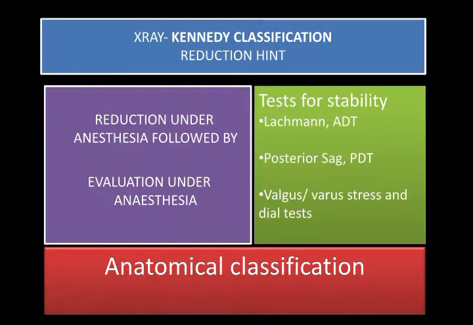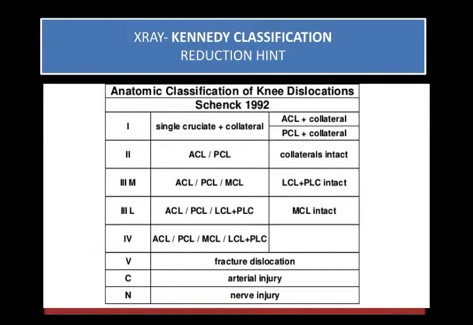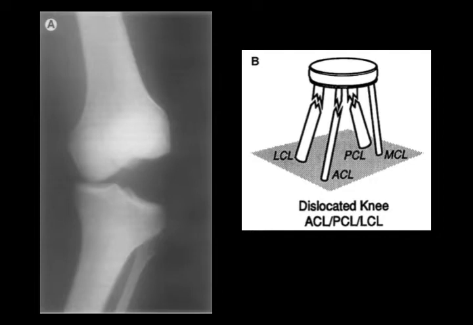After completing this examination, we will be able to do the anatomical classification of Schenck, which was devised in 1992 by Schenck, and it depends upon the number of ligaments injured during the knee dislocation, and it also includes fracture dislocation, arterial injury, and nerve injuries.